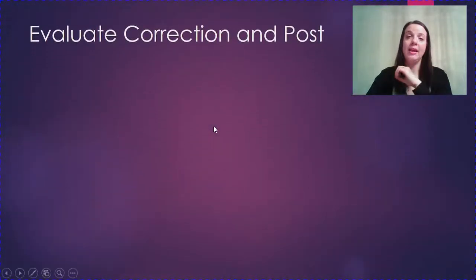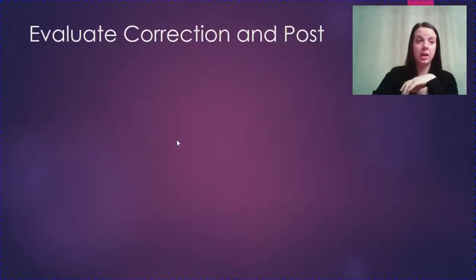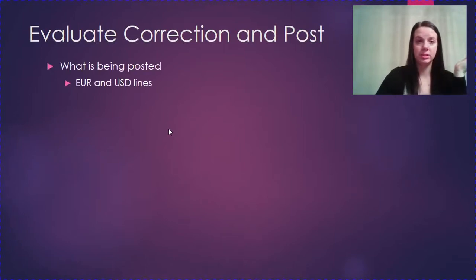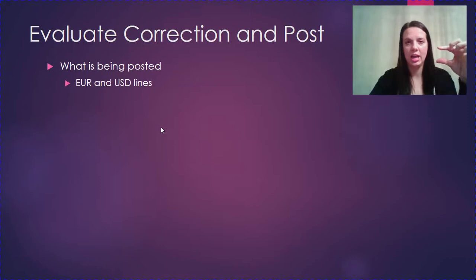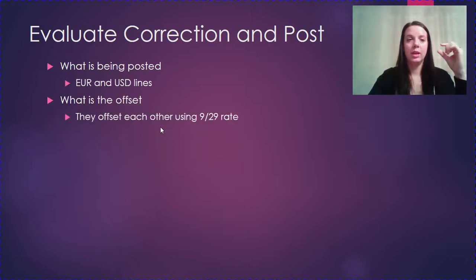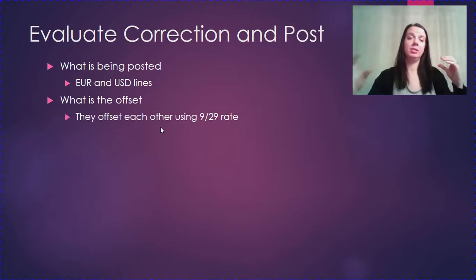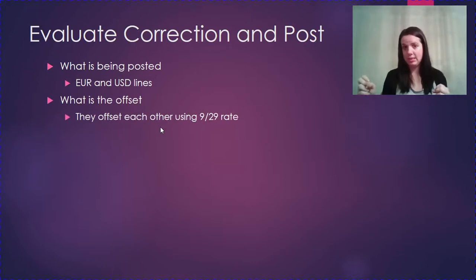Now we are going to evaluate our correction. What do we need to post? We need to post a euro line and a USD line because they're two different currencies. We have to clear each line. We're going to make them offset each other by hard coding that 9/29 rate in there.